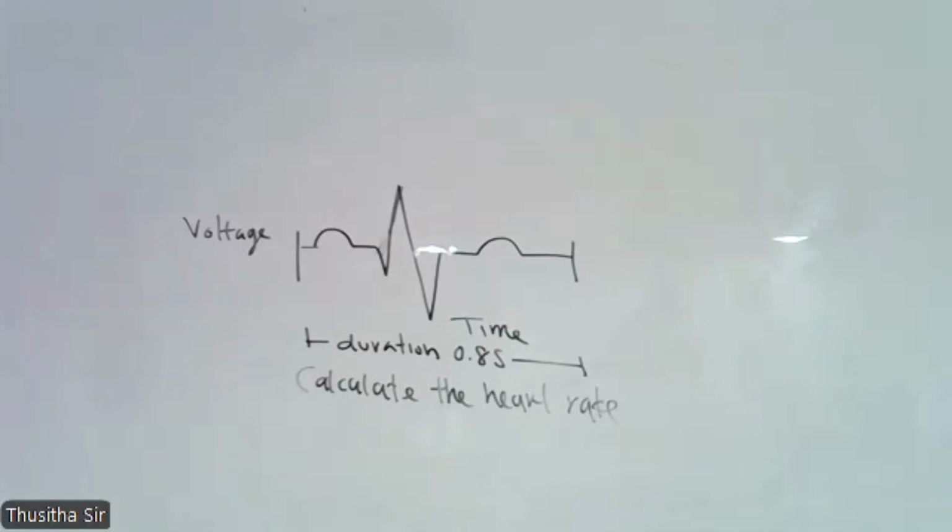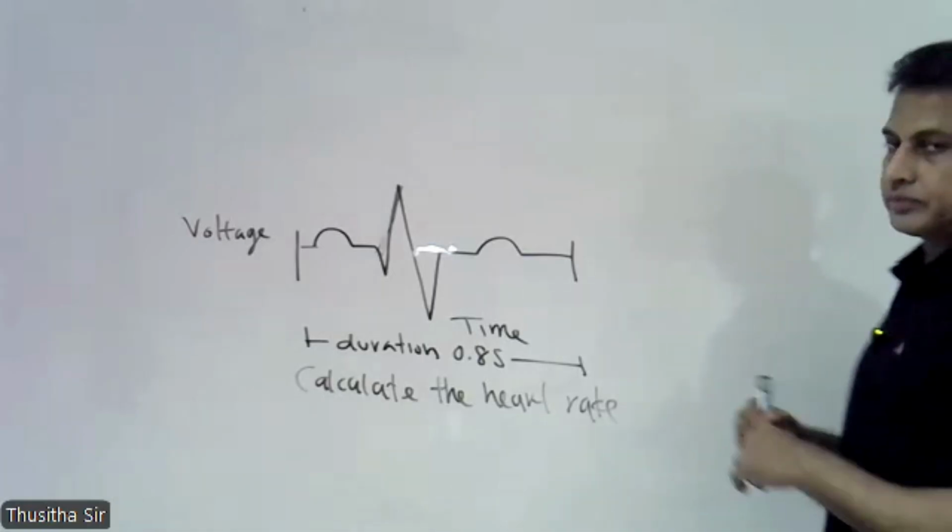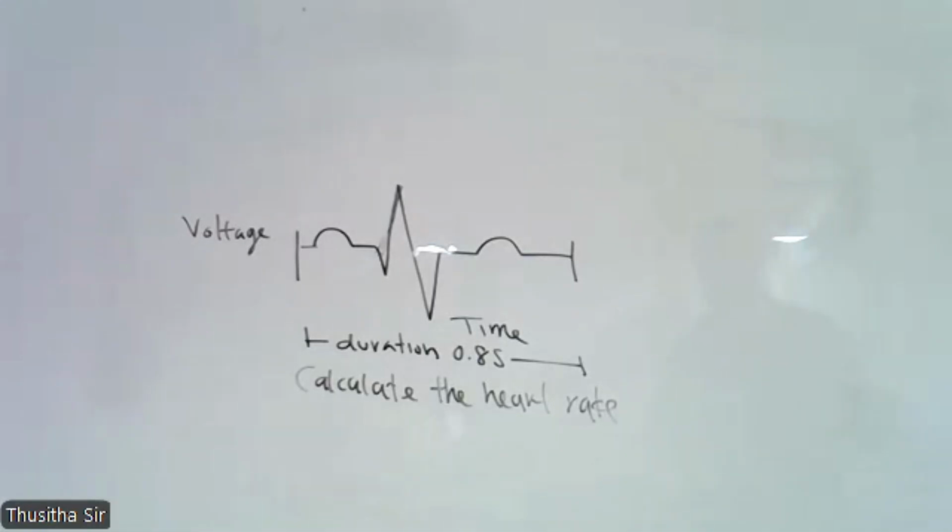The unit is beats per minute, right? Yes, beats per minute. Anyone got the answer? 70? 0.6.